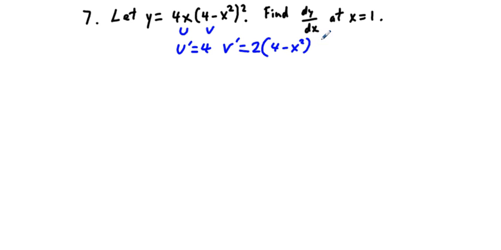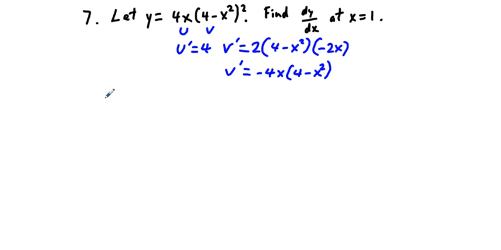Well, the derivative of the inside, 4 minus x squared, is going to be negative 2x. So our v prime is going to be negative 4x times the quantity 4 minus x squared.